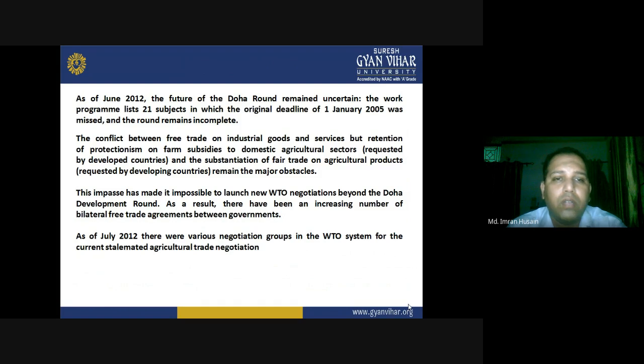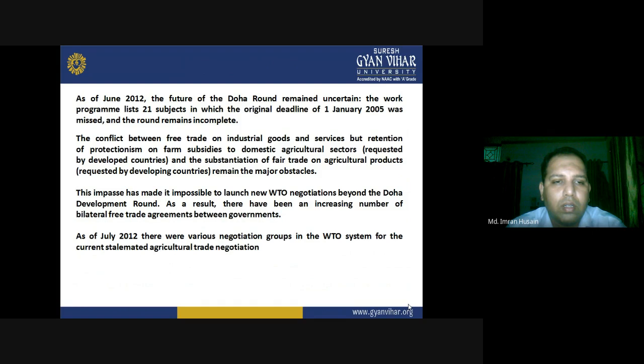The conflict between free trade on industrial goods and services, but retention of protectionism on farm subsidies to the domestic agriculture sector requested by developed countries, and substantiation of fair trade on agricultural products requested by developing countries remain the major obstacle.